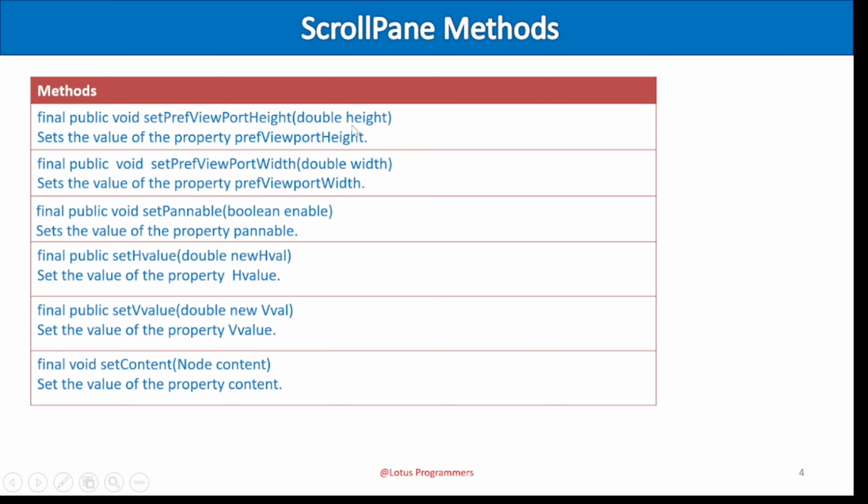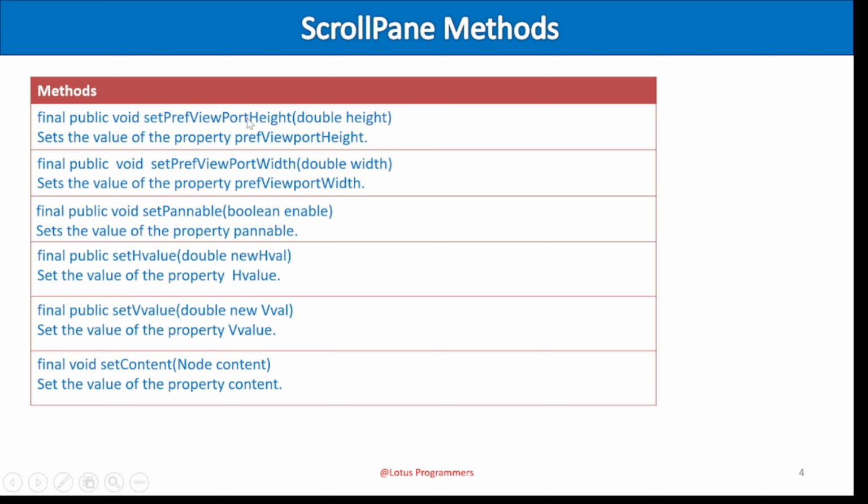The height and the width we define from these methods define the visibility of the viewport of the corresponding component, for which the scroll pane is added. The set preferred viewport height method and set preferred viewport width method define the entire width and space for the component which is added to the scroll pane component.